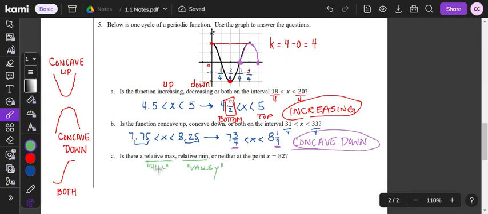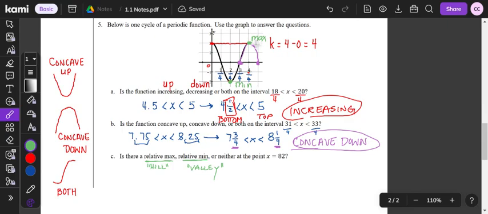So I am looking, am I at the top of my wave? This would be a max. Or am I at the bottom of my wave? This would be a min. Okay, it looks like the top of my wave is every 4 steps. Okay, so 4 out of 4 steps. That means if I divide this by 4 and I get a whole number, that means I'm on top of my wave.